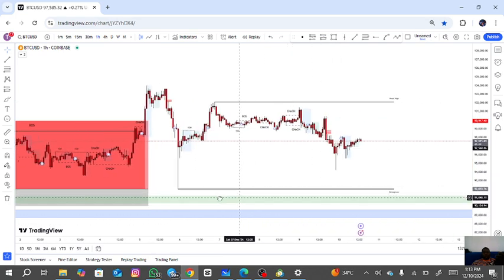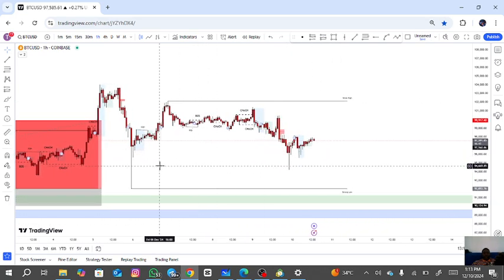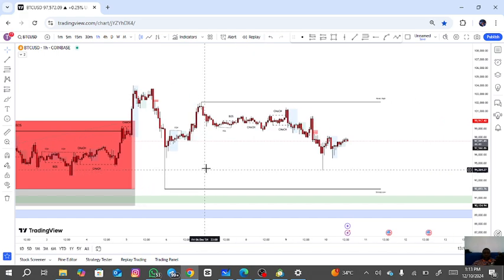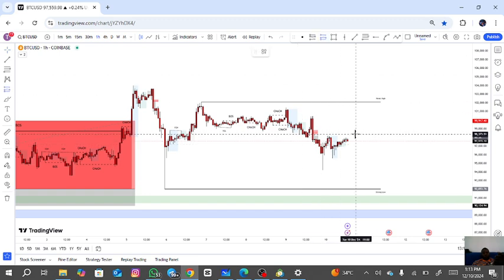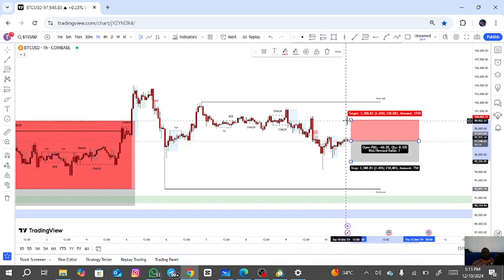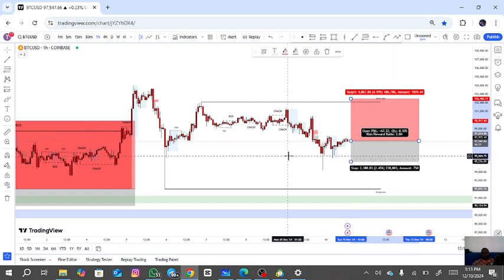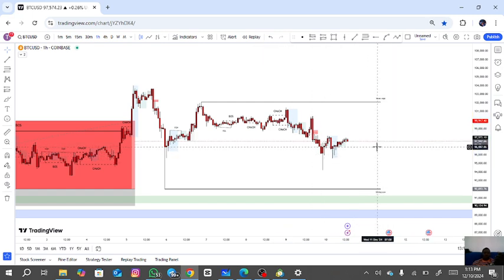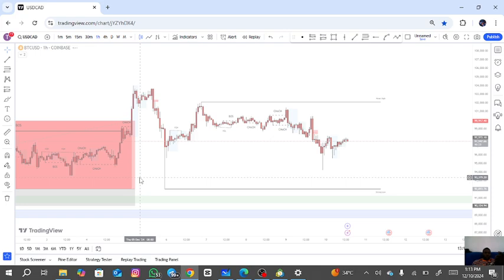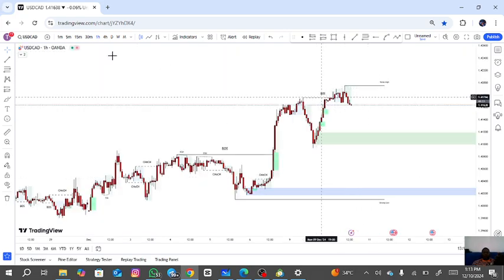Let's see. Take for instance, you want to buy from this point right here, and you're risking these amounts. Let me use some other pair, USD CAD.